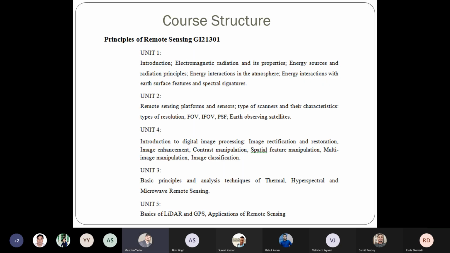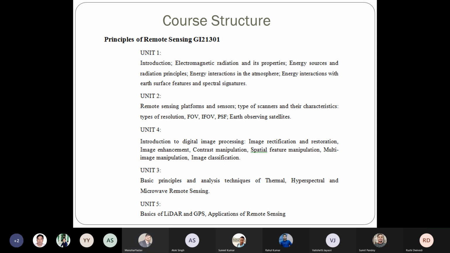the course structure of this course includes the content in 5 units. In unit first, you will learn about the electromagnetic radiation and its properties. Okay. So as we know, for remote sensing or acquisition of different information, we require the energy source.